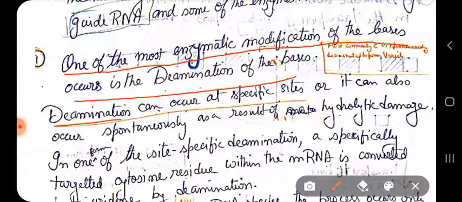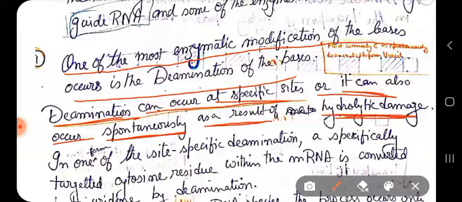Now, this deamination is a type of modification reaction which occurs at specific sites, or it can also occur spontaneously as a result of hydrolytic damage.